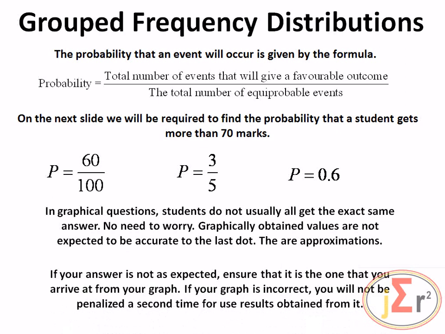If your graph is incorrect, you will not be penalized a second time for results obtained from it. So, if your graph is not accurate, the values that you get from the graph are still the values that you need to use, because you will not be penalized a second time for it.